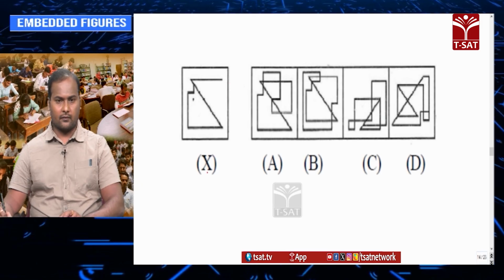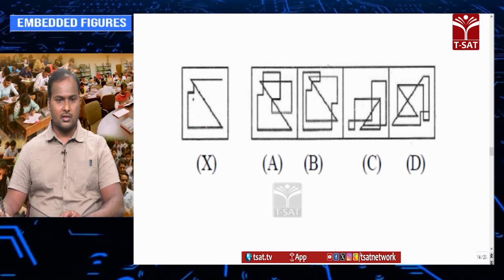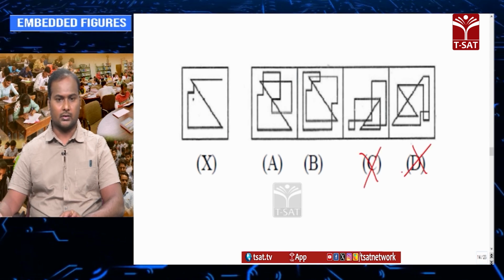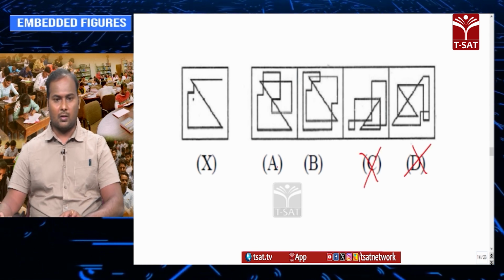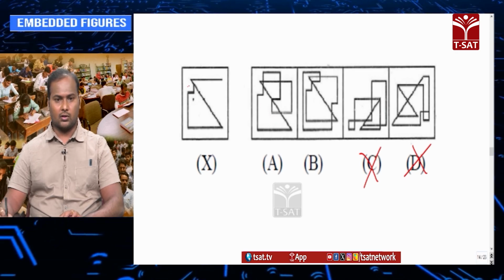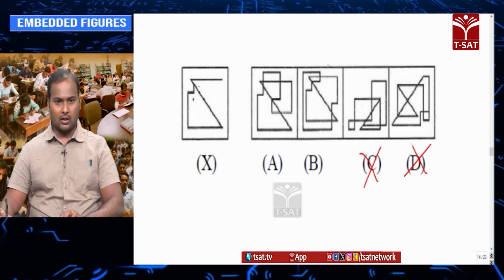See, the X figure is embedded in A, B, C or D. In this case, by seeing that I can directly eliminate two options, that is C and D. Now, if you see here, option A and option B are both very, very close. Whenever both are very close, you try to take the length and angle also.